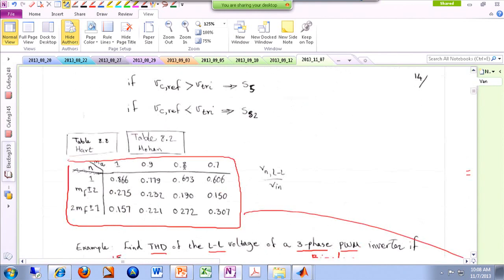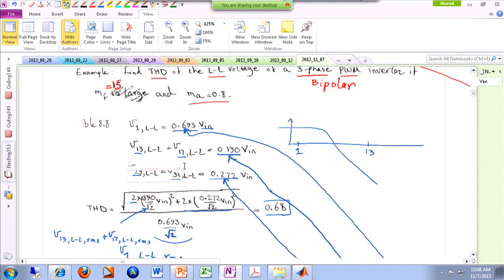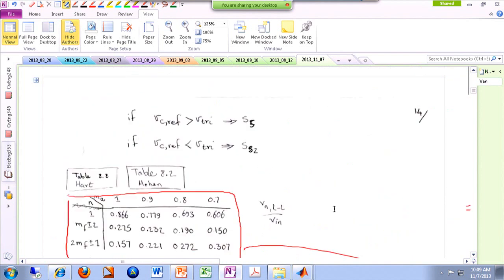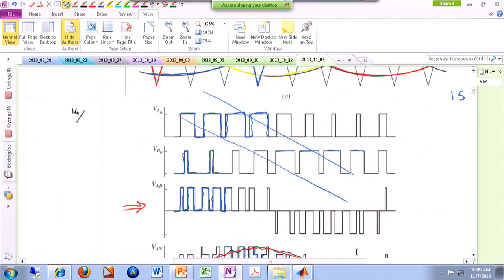However, these undesired harmonics are all pushed to higher frequencies, so it's easier to filter them out. And that's what happens: your current is much nicer and closer to a sinusoidal signal compared to the square shape waveforms. And you can actually look at them here.